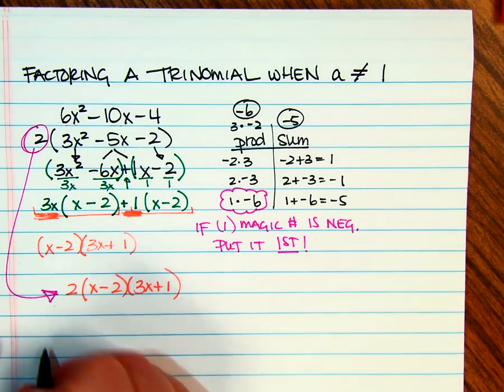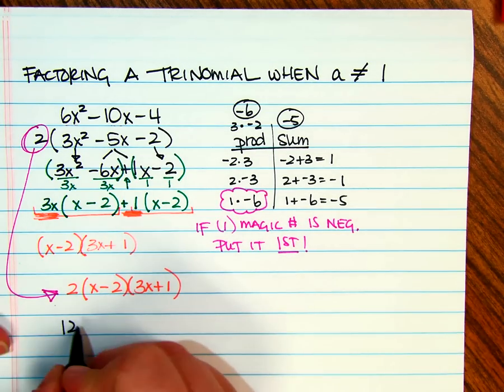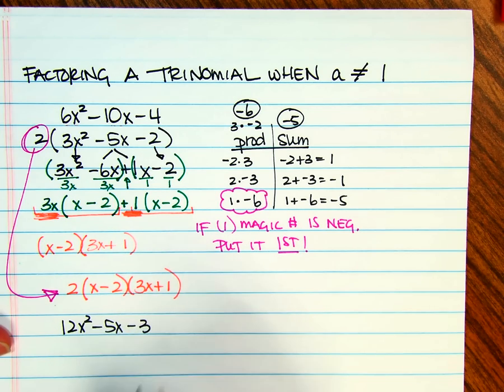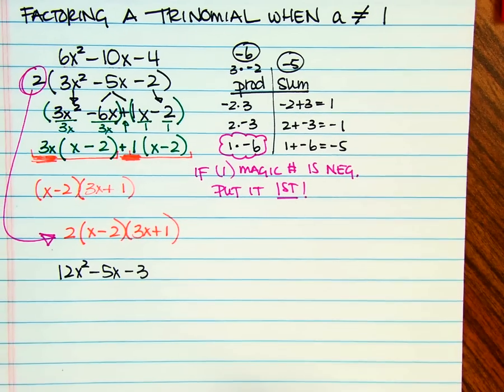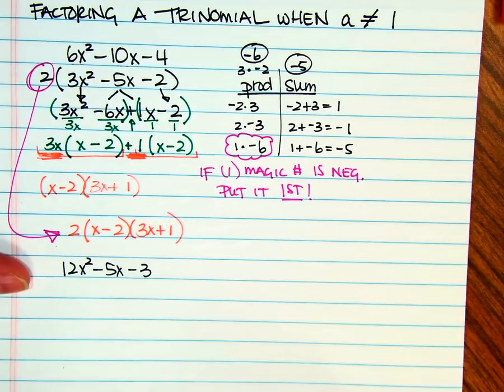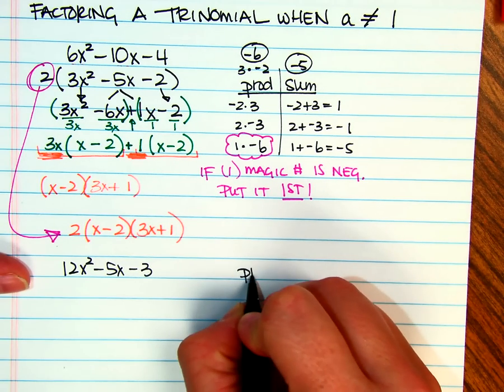Let's try another one. Let's do 12x squared minus 5x minus 3. No GCF to take out. So I am going to jump right to my product sum table.